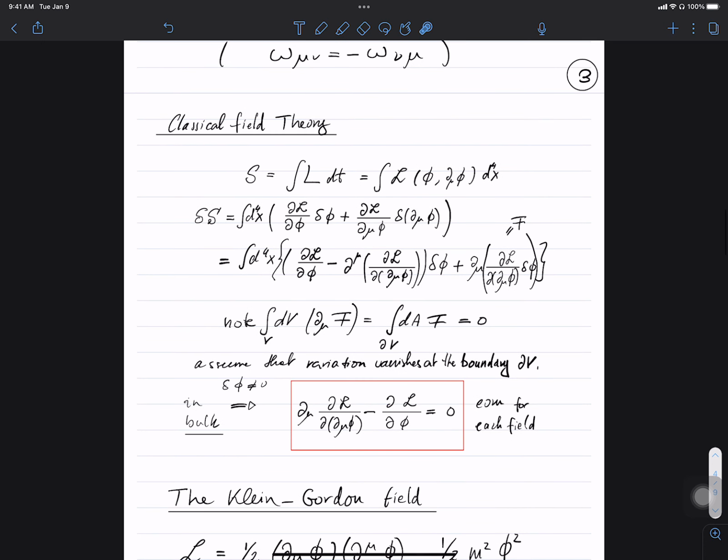Now coming to the notion of classical field theory, we discussed a little bit on Monday, and we did this derivation for continuous fields today. So the action is defined in such a way that we have the integral over time of a Lagrangian function.